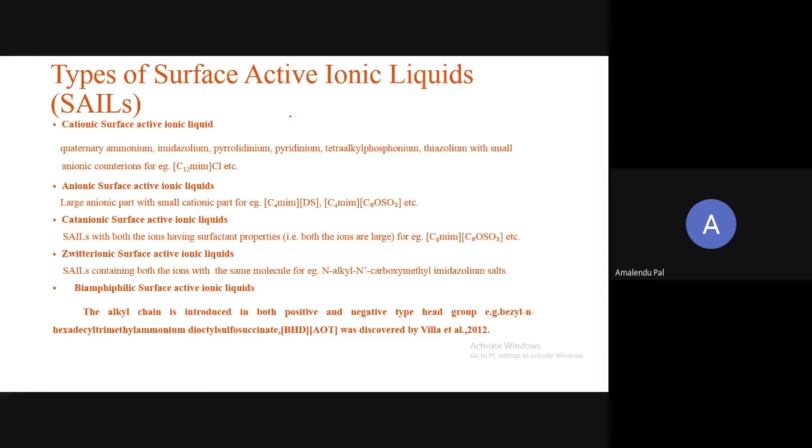But if you take the ionic liquids, the surface activity is much higher than the conventional surfactants like SDS, CTAB, TTAB. So this is very important.